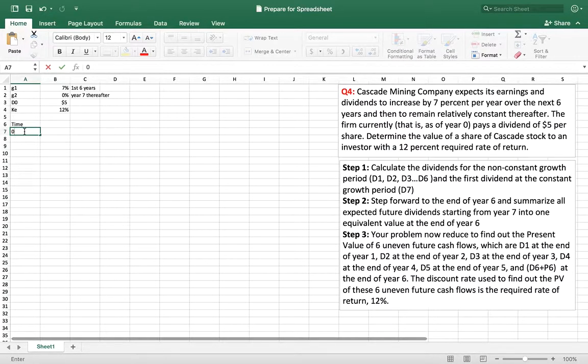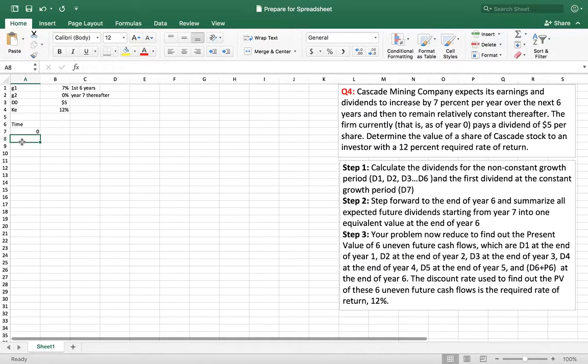Next, instead of typing down 1, 2, 3, 4, and so on, starting from cell A8, I use a formula to help me do the job, because the value of each cell is fixed at a 1-year increment from the previous cell.